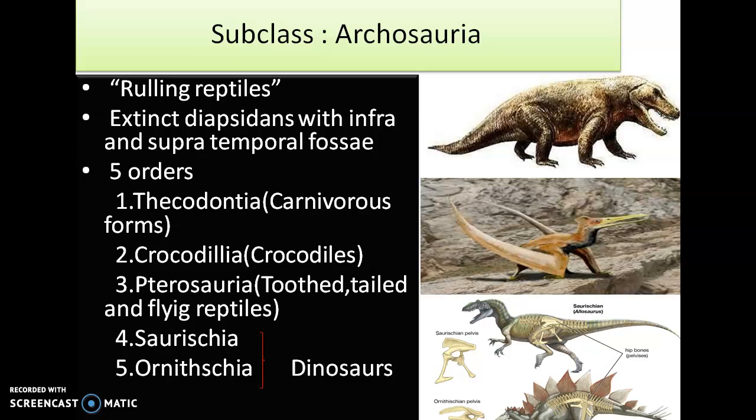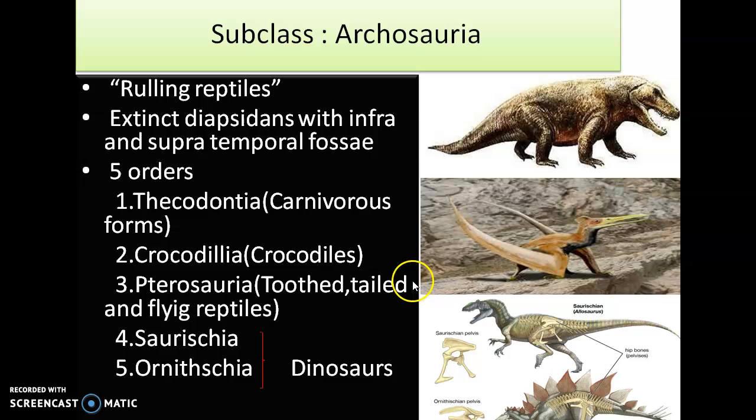Then subclass Archosauria. They are commonly known as ruling reptiles. They are extinct diapsidans with infra as well as supratemporal fossae on their skulls. 5 different orders are generally found in this subclass. Thecodontia, which are generally carnivorous forms, and Crocodilia, which we know include crocodiles.